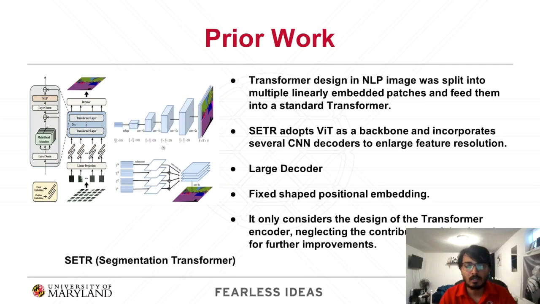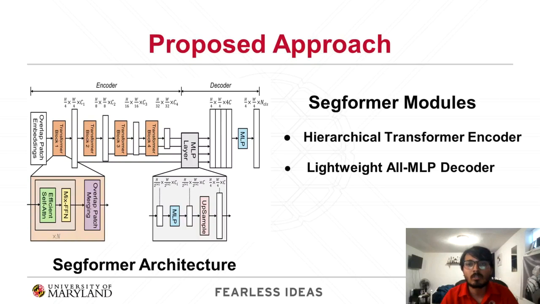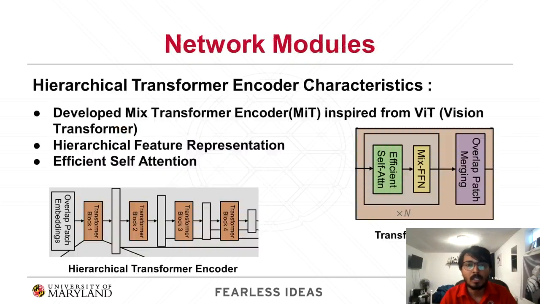Another main drawback of this kind of transformer was that it just focused on the encoder part and neglected the decoder part. In order to solve all these issues, the SegFormer transformer network was used, and it has two main models. The first model I'm going to talk about is the hierarchical transformer encoder.